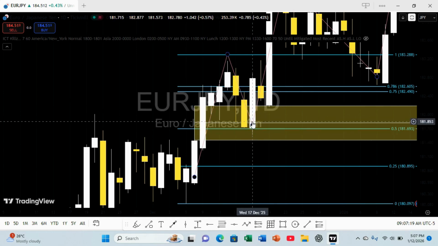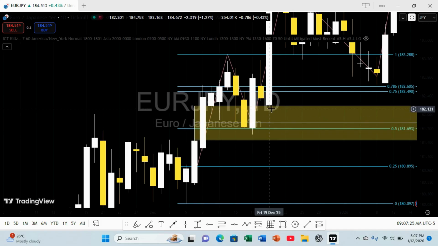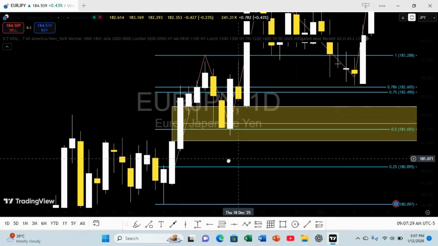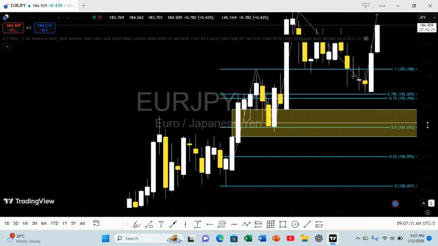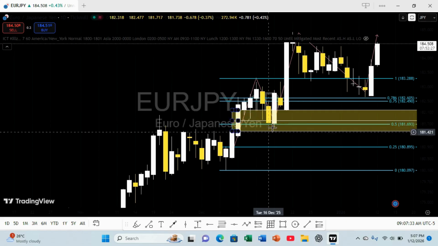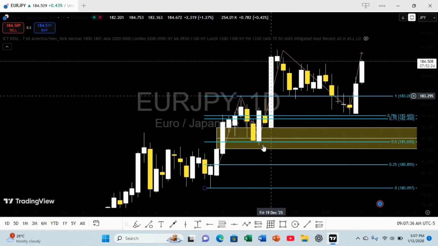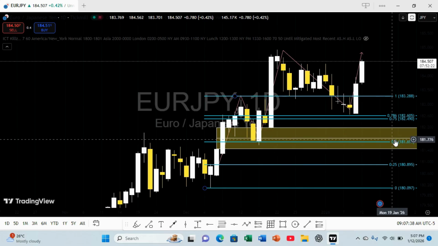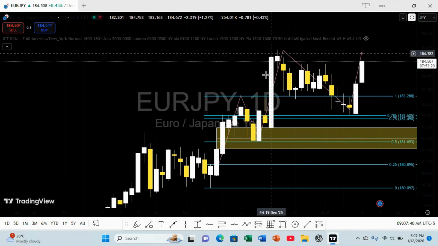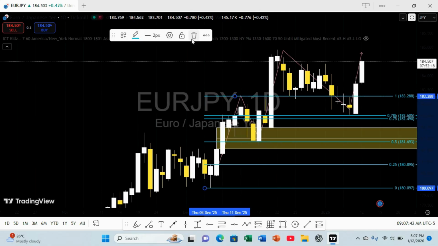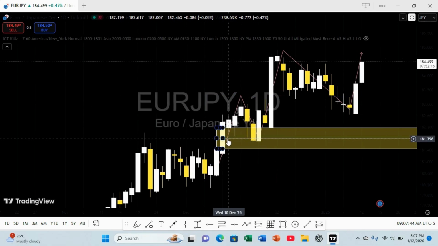Price most of the time respects the consequent encroachment, the high, and also the low. It can give reaction to those levels. So from there you can see price tapped into our fair value gap with the equilibrium price, and it continued up. That is one of the examples.